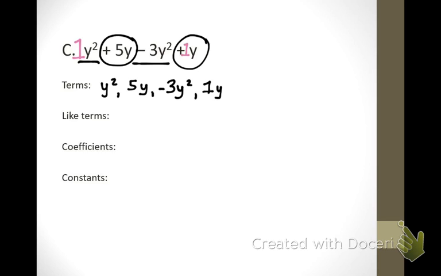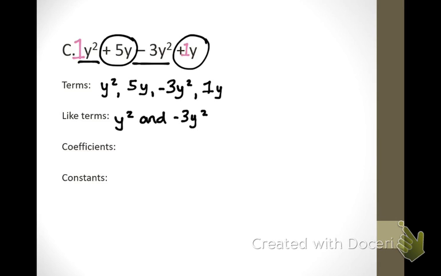Now we're going to find our like terms. Madison, what's the first like terms that you can see up there in our original problem? Remember, if you're looking for like terms, they're in the same family. Okay, so y squared, and what else is in the y squared family?